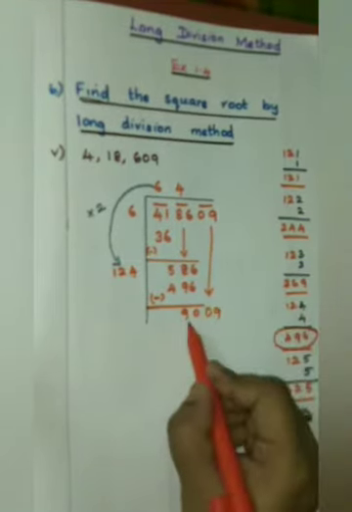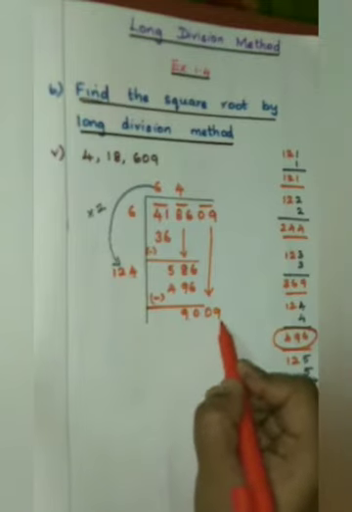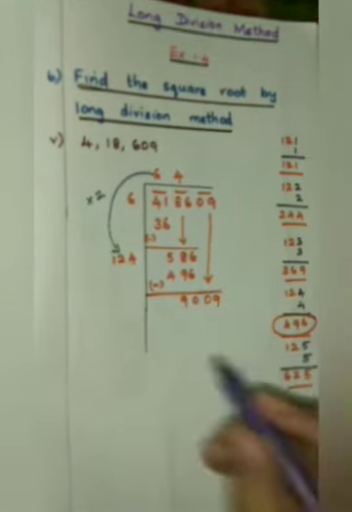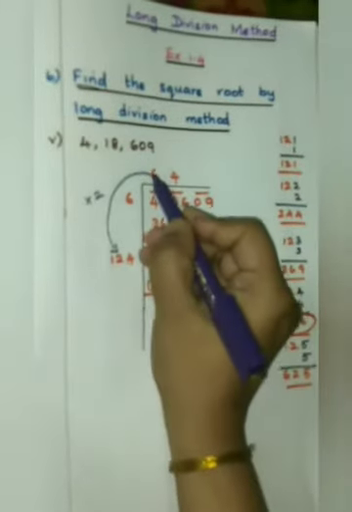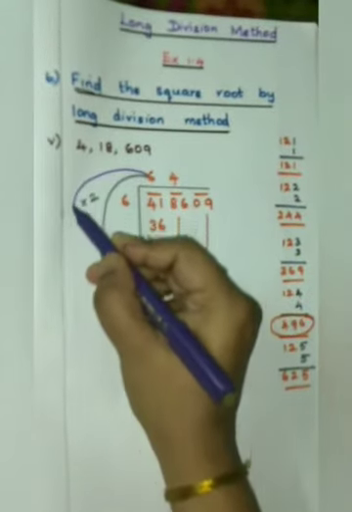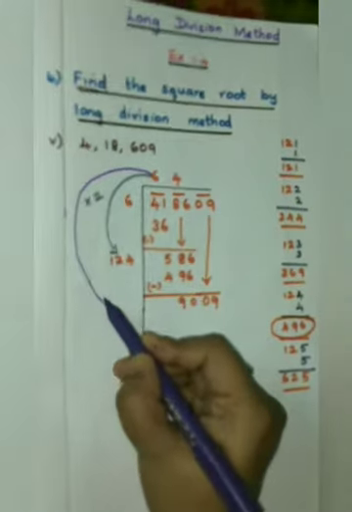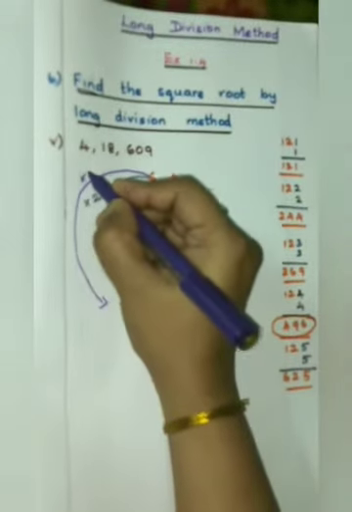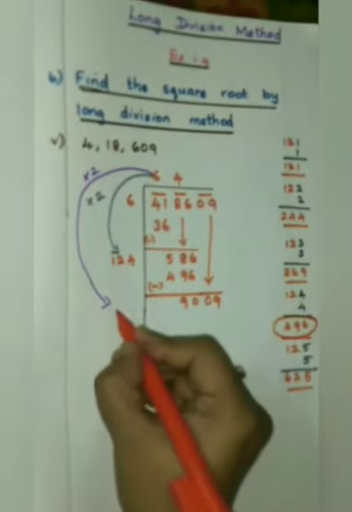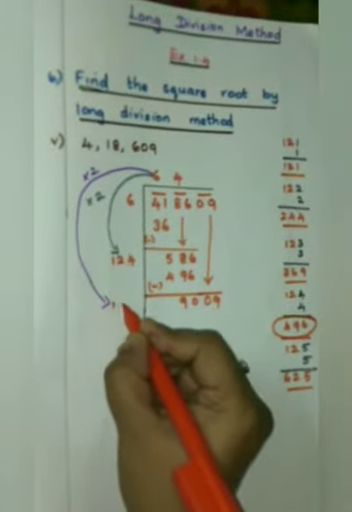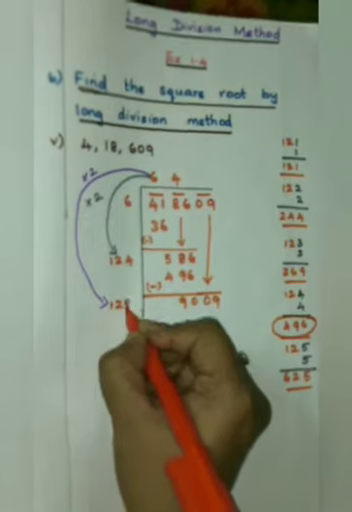Now the new dividend is 9009. To find the new divisor, multiply the quotient by 2. So what do you get? 128.